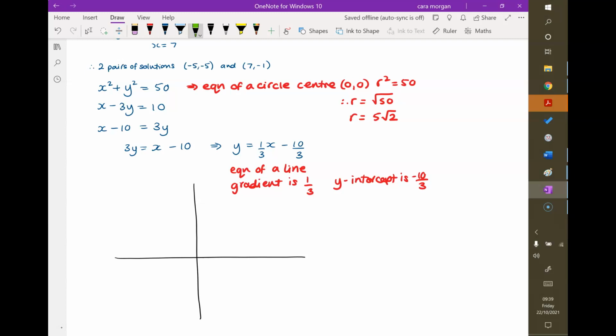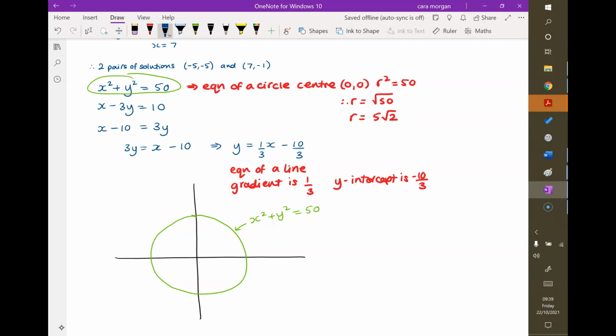So the remaining task is I've just got to represent what this situation would look like. So the first thing I'm going to do is I'm going to draw my circle equation, which is x squared plus y squared equals 50. So I have a circle, something like that. Let's just label that. And I know that my line must cut through the circle in 2 places because, of course, I have those 2 pairs of solutions.